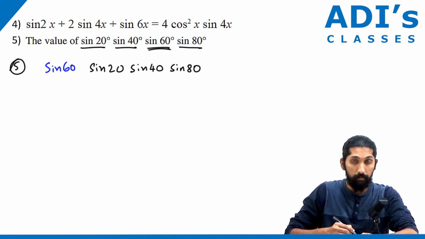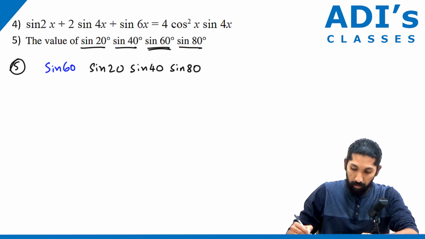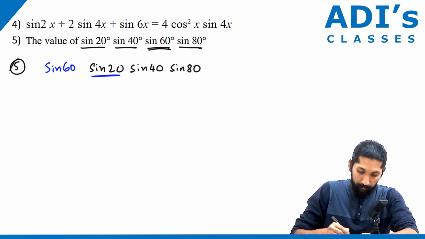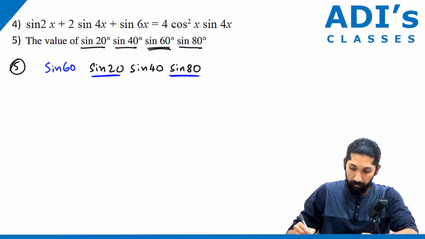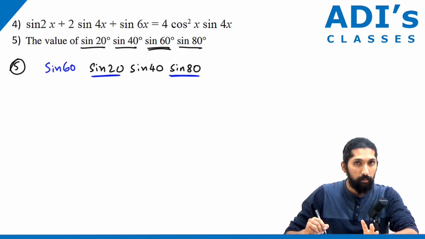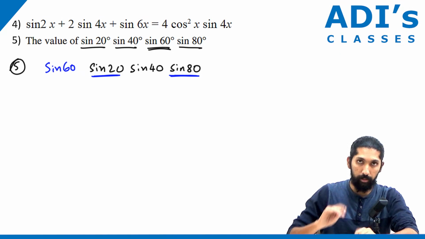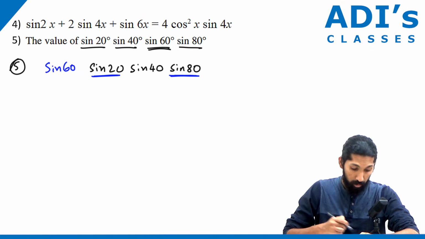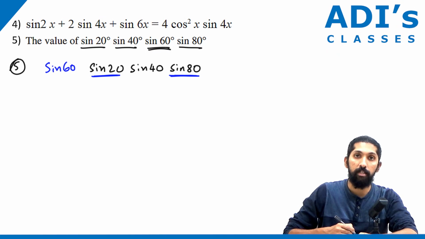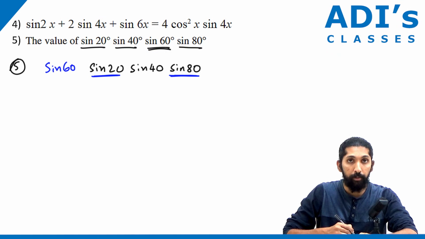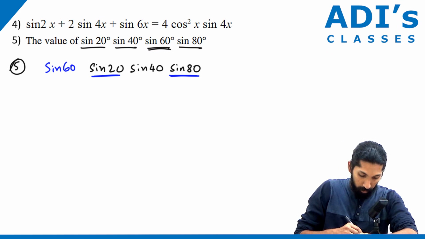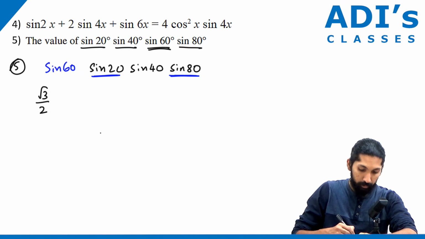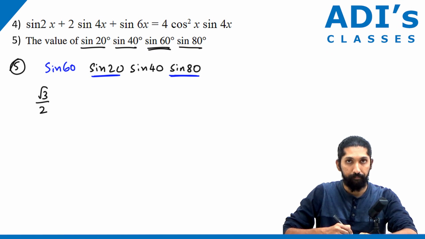Now, further, what we can do is we'll group sin 20, sin 40 together. You will figure it out why. We'll look into that part later. Alright. Now sin 60. What is the value of sin 60? Sin 60 is root 3 by 2. So we can write root 3 by 2 into these values, correct?